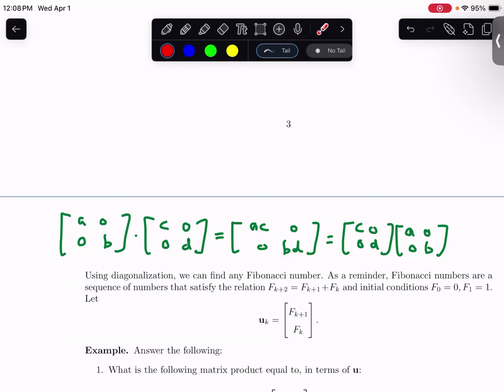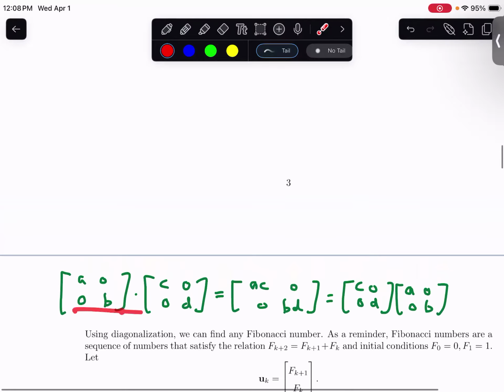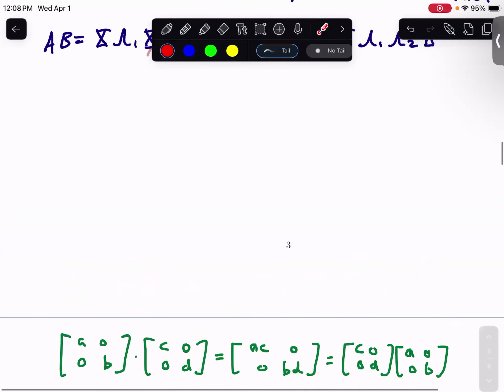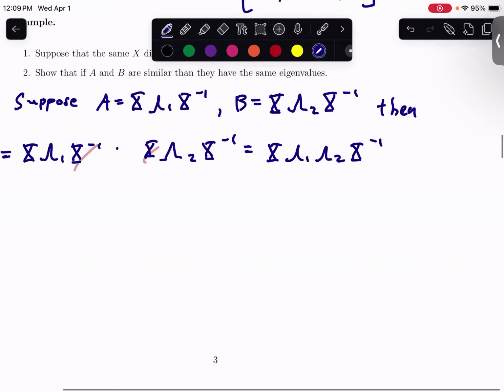Because it's effectively just real multiplication along the diagonal. So maybe you probably don't have to write this down, or if you want to write down what's going on, you can. But the main idea is you can flip the order of this multiplication. So that way, this is going to be equal to X, and then you have lambda 2, lambda 1, and then you have X inverse.